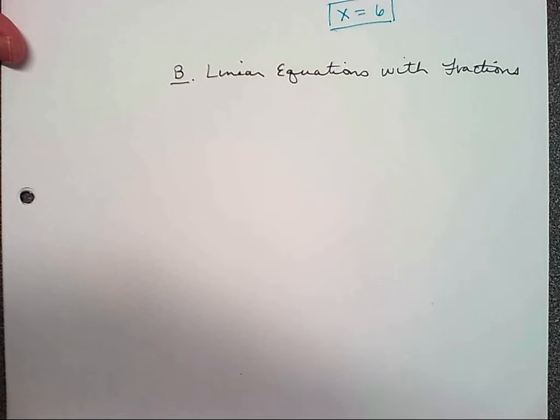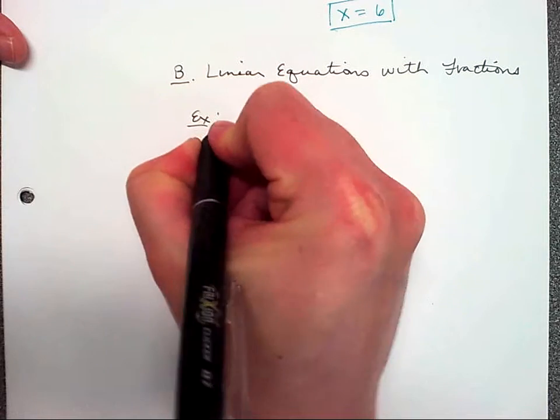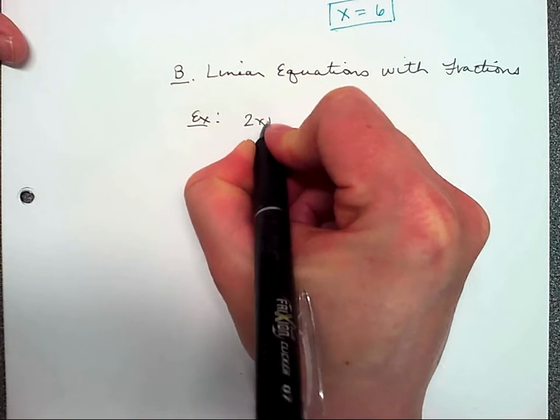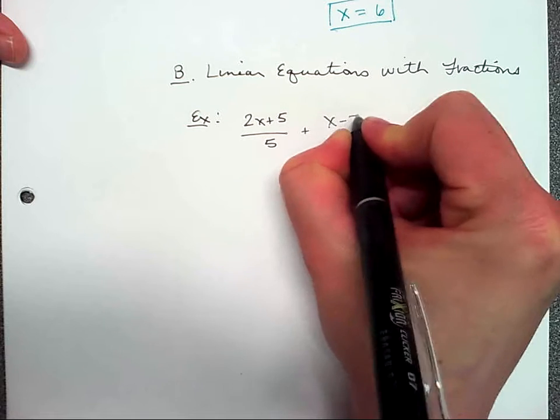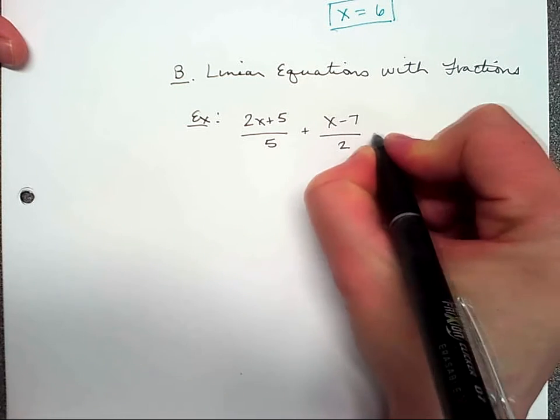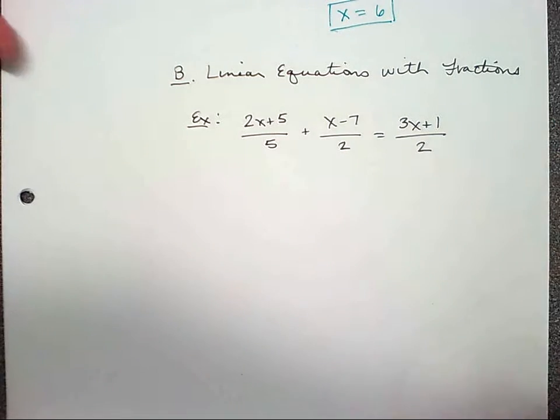Okay. So let's do an example. So we have (2x plus 5) over 5 plus (x minus 7) over 2 equals (3x plus 1) over 2.